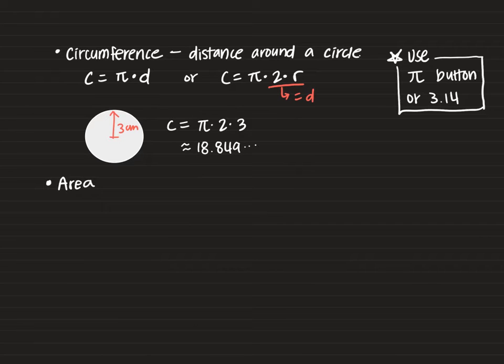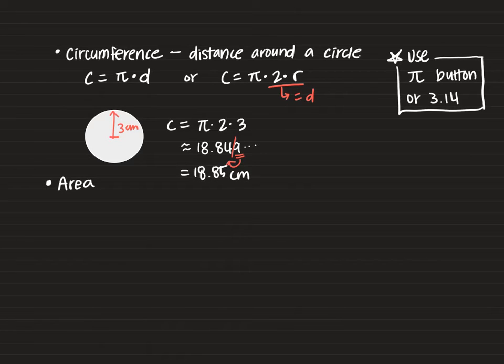I'm going to use 2 decimal places, so I cut it after the second one, but I have to look at the third one, the thousandths place, and round up if it's 5 or more. Because 9 is more than 5, I'm going to round it up to 18.85, and I'll put centimeters.